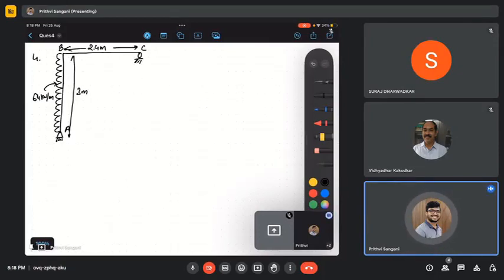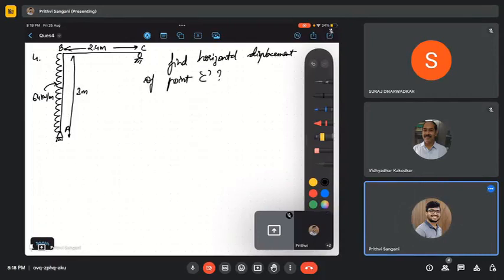Find the horizontal displacement of point C. Obviously, there will be some horizontal displacement because we have the horizontal external UDL of 64 kilonewton per meter, and that will push the roller support at C, and we will get some horizontal displacement there.